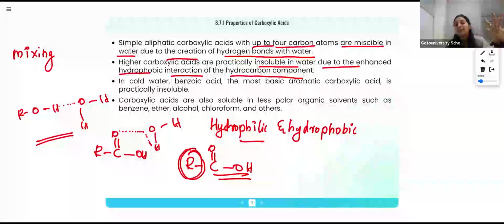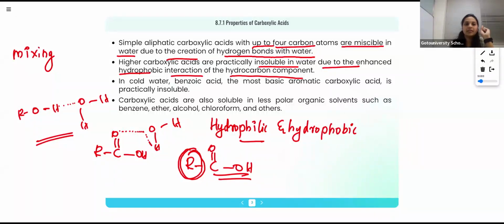So when the number of carbon atoms in the hydrocarbon part is increasing, the hydrophobic interaction is dominating. Hydrophobic interaction dominating means they do not like to dissolve in water. That's why these higher carboxylic acids are less soluble in water.